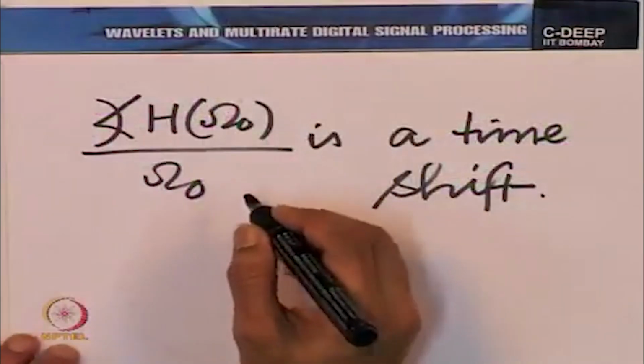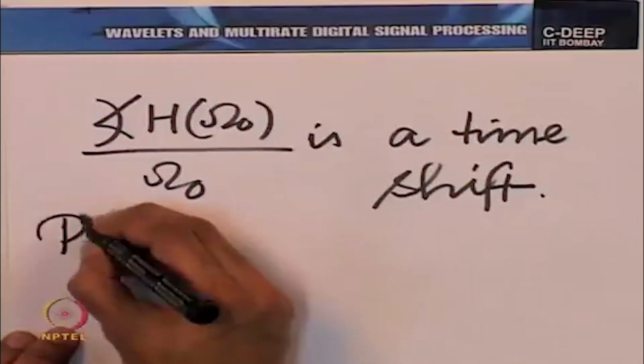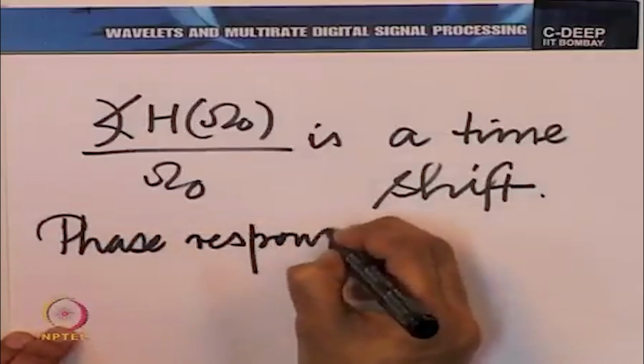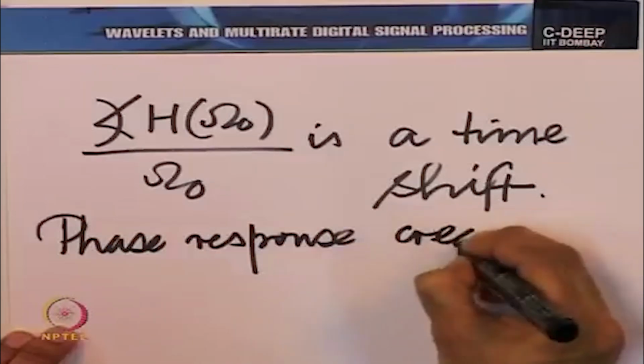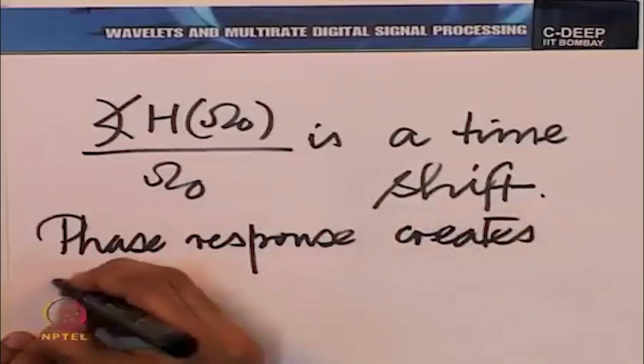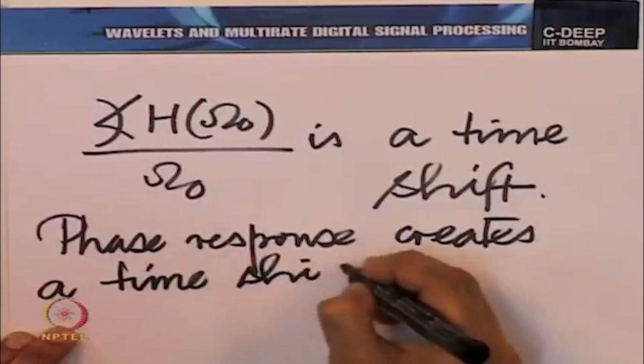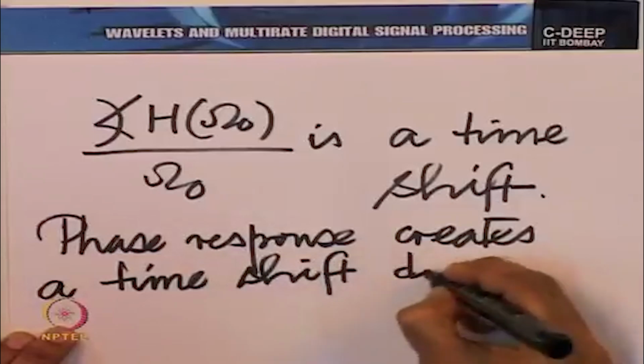The phase response comes as a necessary evil, and we have to work around it. Now, what does the phase response do? At each frequency, it creates a time shift. So, the phase response creates a time shift dependent on frequency.